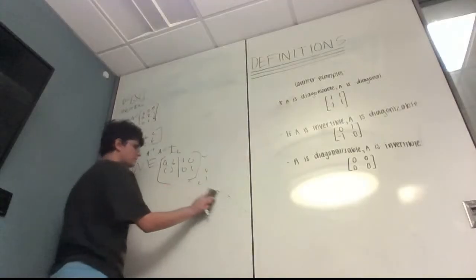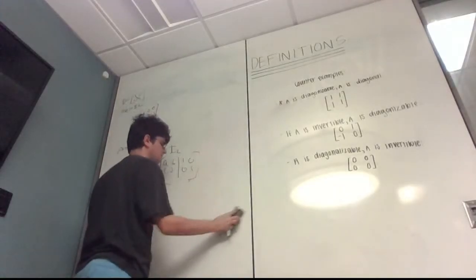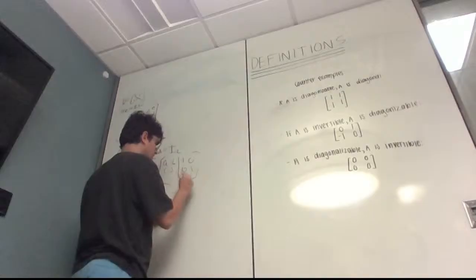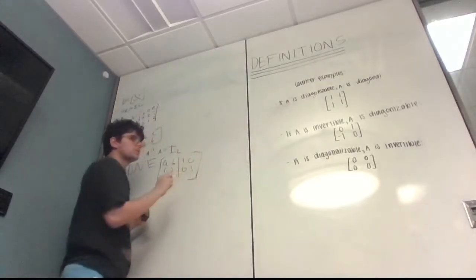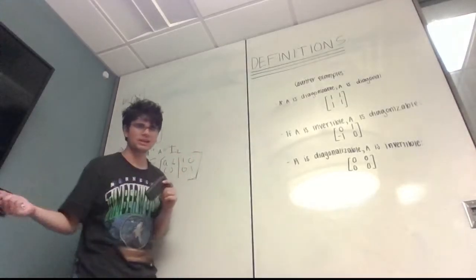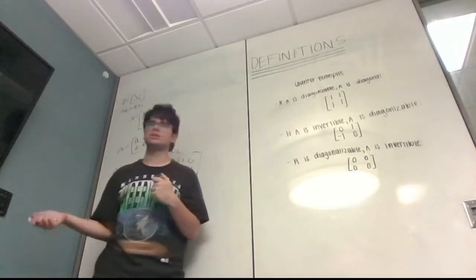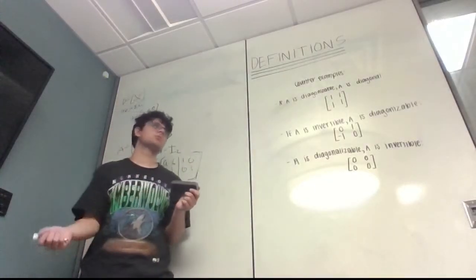Oh yeah, here's another thing about the identity matrix: it's special in that all of its eigenvalues, aka all of its diagonals, are 1.